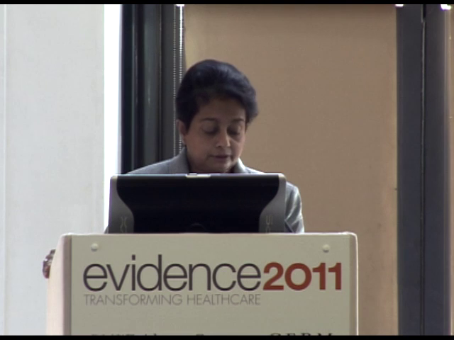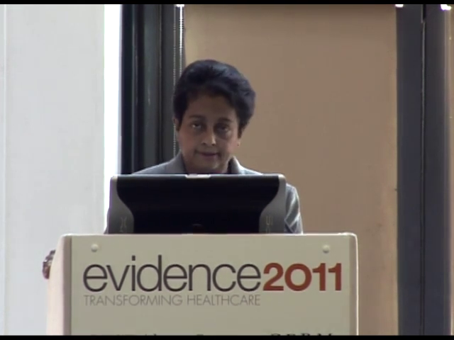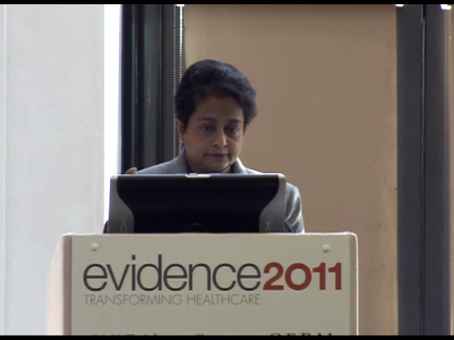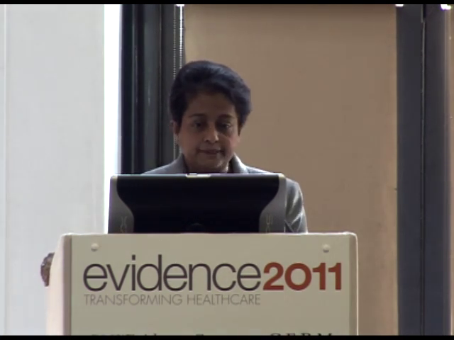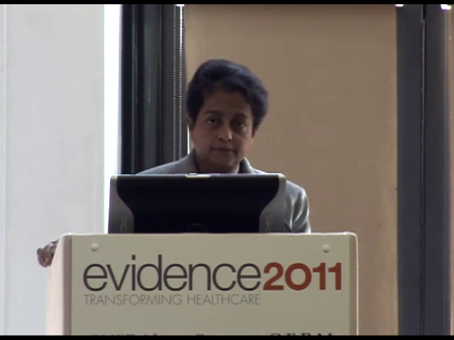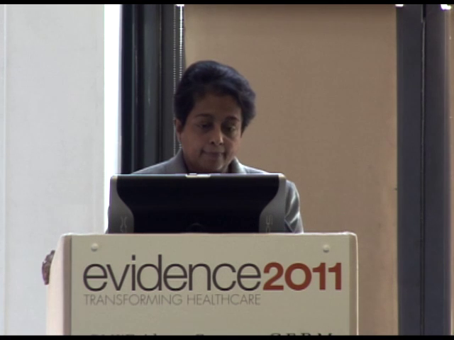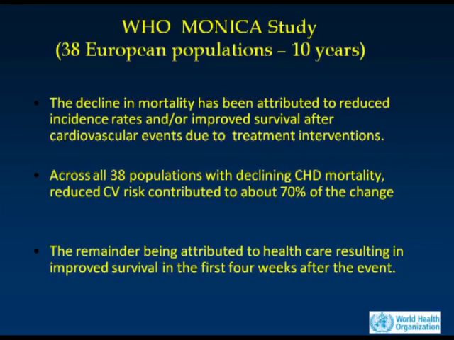If you analyze these data as to why this declining trend occurred, from the WHO MONICA study, which was a 10-year study, one of the largest epidemiological studies, conducted in 38 European populations, the decline in mortality has been attributed to reduced incidence rates as well as improved survival after events.